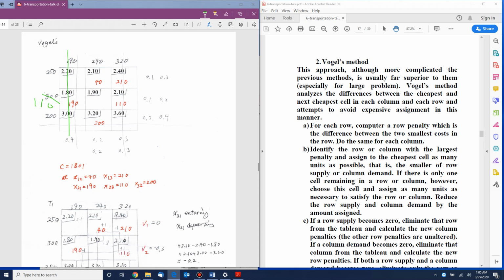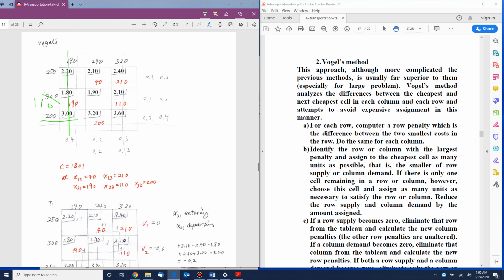In this way, you could see market 2 already has 200, right? So the third row is finished. Source 3 has only 200, so this row is finished. So we can cross it.